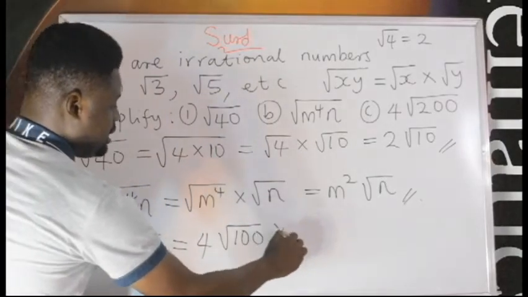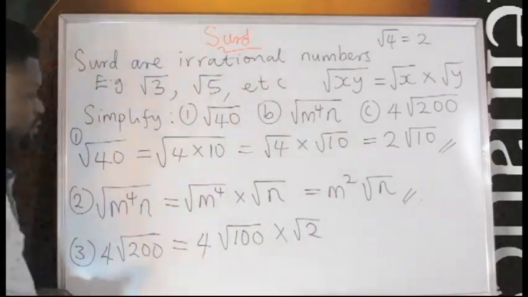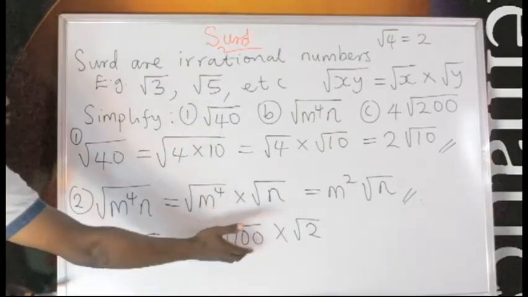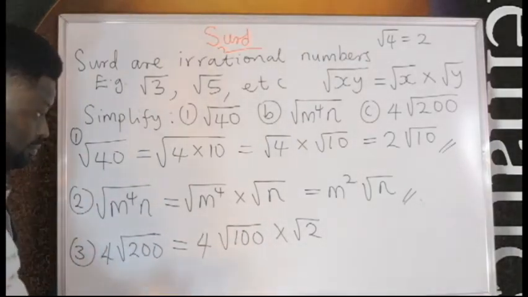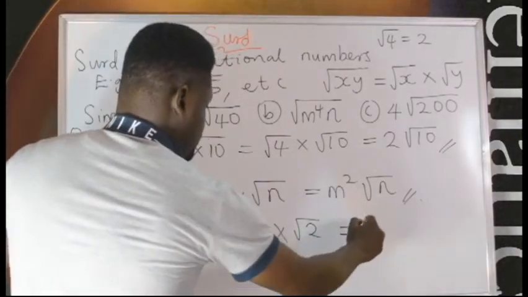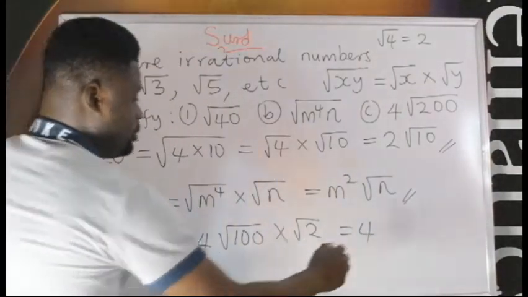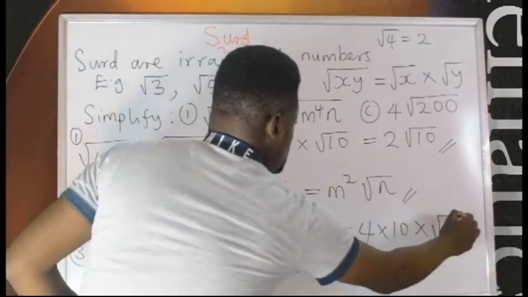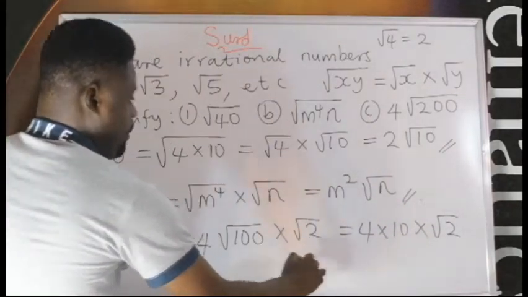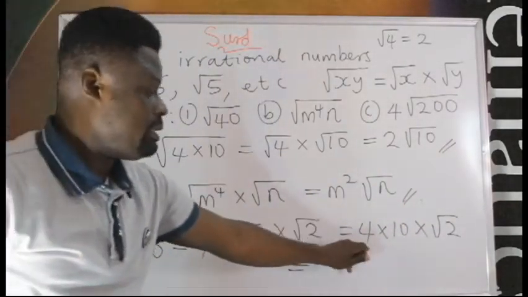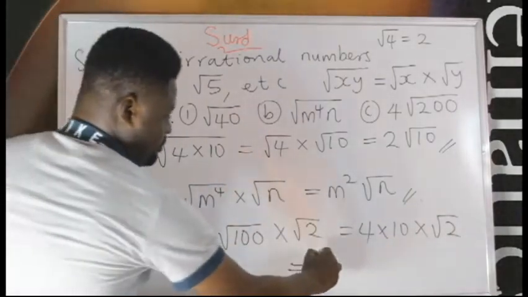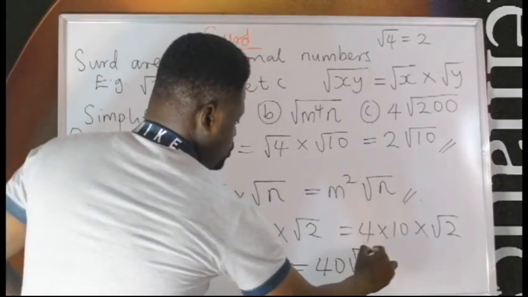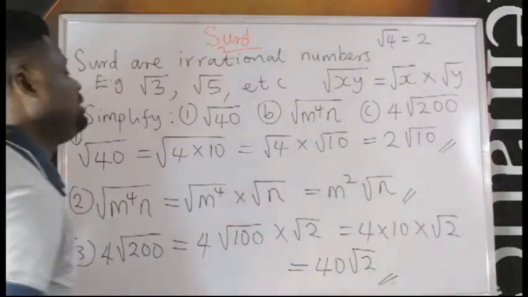The square root of 100 is 10. Then we have 4 times the square root of 100, which is 10, times the square root of 2. 4 times 10 is 40. Then your root 2. So this is the final stage.